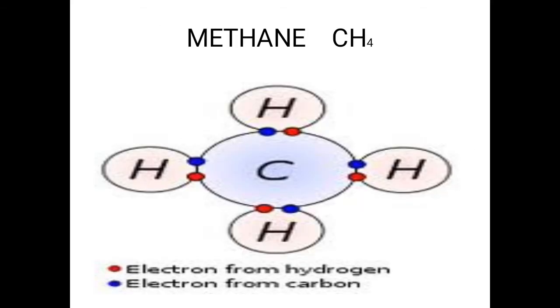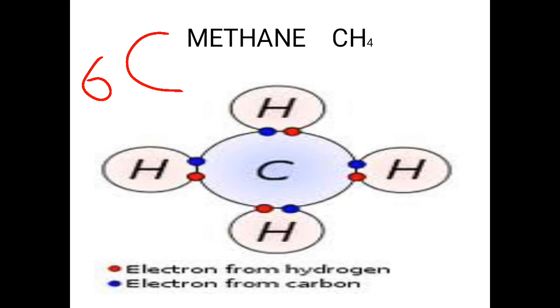Like in a molecule of methane. You know, methane is made up of 1 carbon atom bonded to 4 hydrogen atoms. When we see the electronic configuration of carbon, the atomic number is 6.